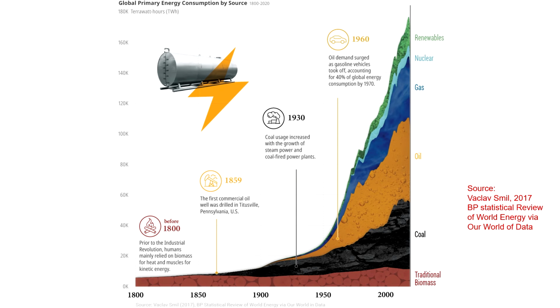So if you look at this evolution of global primary energy consumption by source from 1800 to 2020, as extracted from this report, BP Statistical Review of World Energy via Our World in Data, utilizing the data given by Professor Václav Smil in 2017, we can see in the 1800s, when our population was very small, before the Industrial Revolution, we were primarily using traditional biomass for meeting our needs, mainly for heat and muscles for kinetic energy.